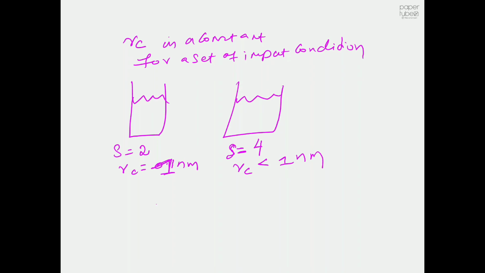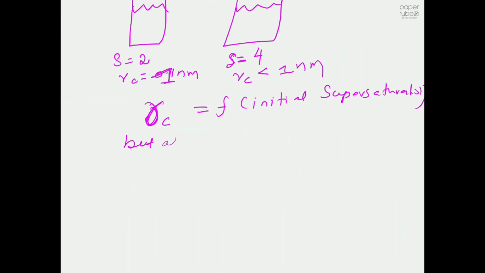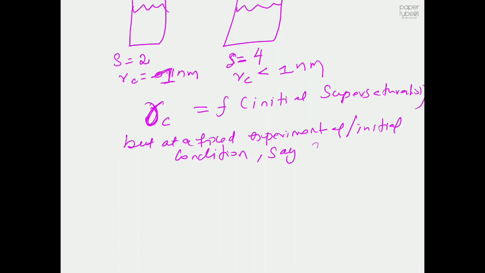So the relationship is that your critical radius is a function of your initial supersaturation, but at a fixed experimental condition, or you can call it some fixed initial condition, say your initial supersaturation S is equal to 2 or 4 or 6, RC is a constant.